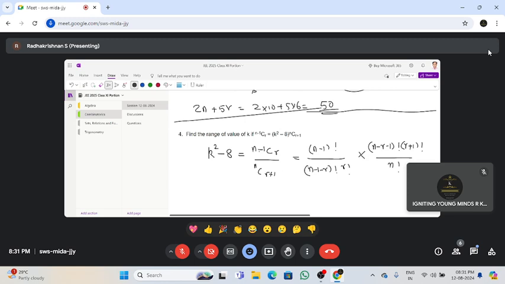I'll see that this gets cancelled out. So again, r factorial and r plus 1 factorial get cancelled out, and you get r plus 1. This gets cancelled out, and you get n.